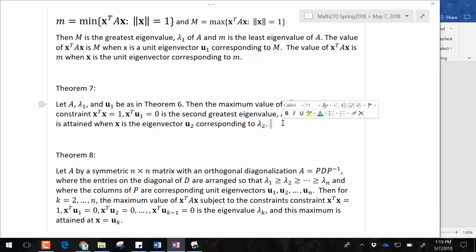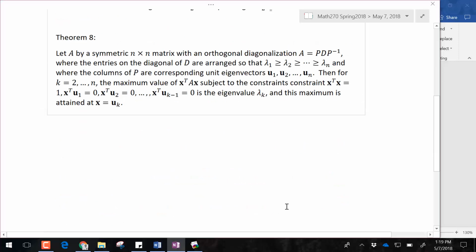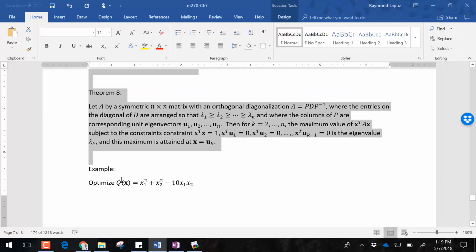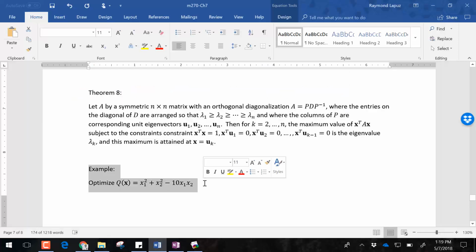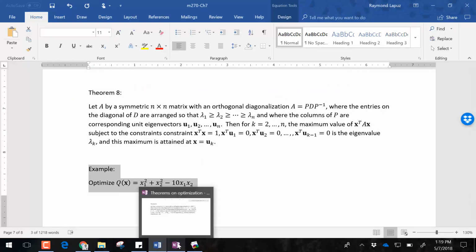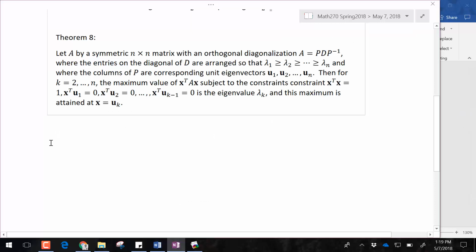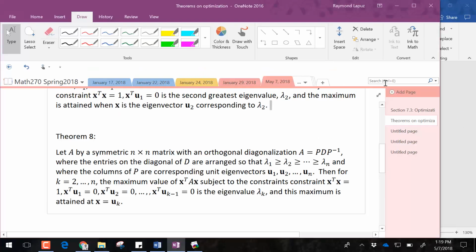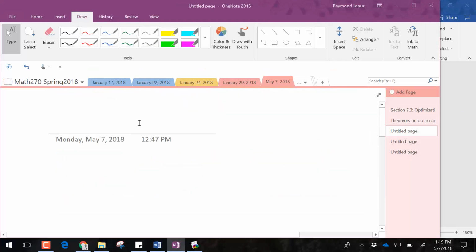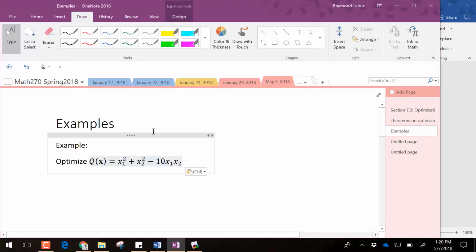All right, before we try a 3-dimensional problem, let's try another 2-dimensional problem. I have one made up over here, where we're optimizing this thing, and it does have cross products. I should go to a new page. Let's try to optimize this given our usual constraint.